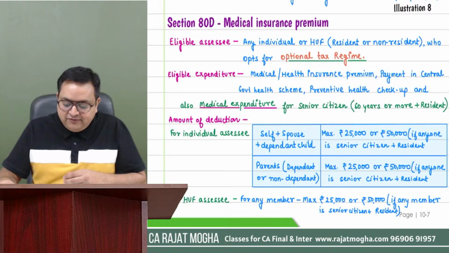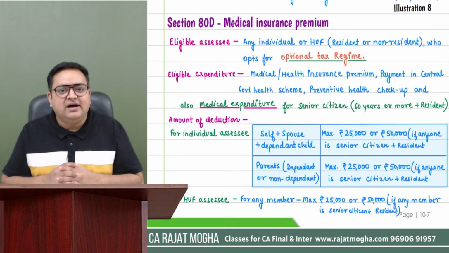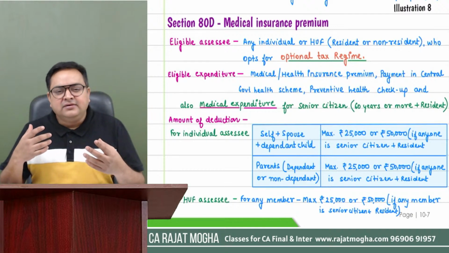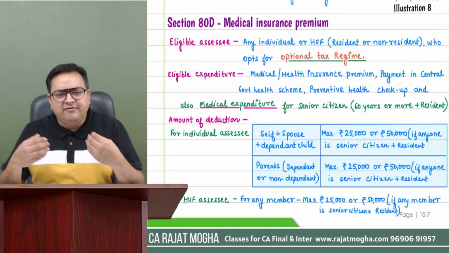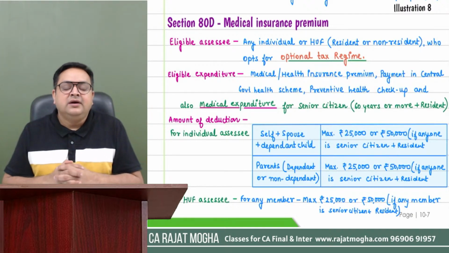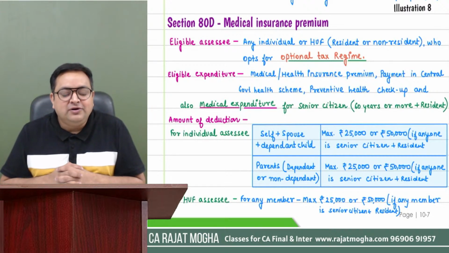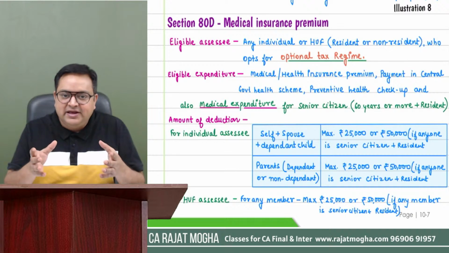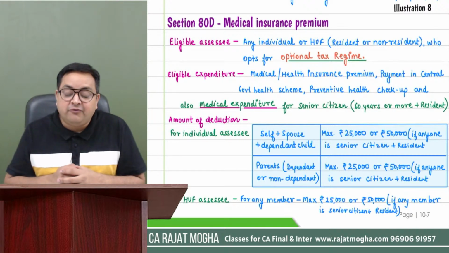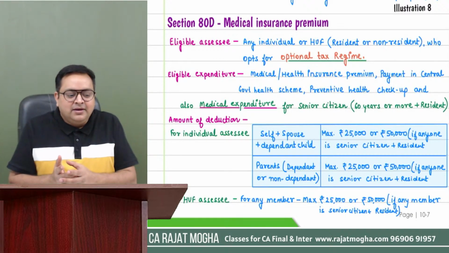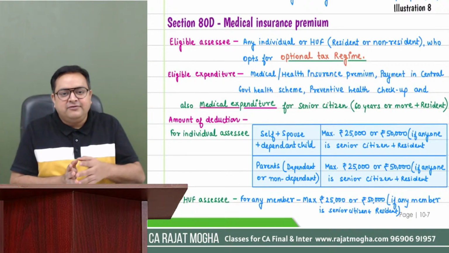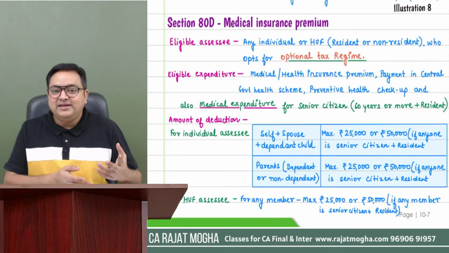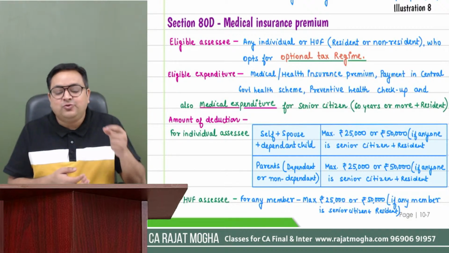And we understand if the assessee or their parents are, let's say, senior citizens. In fact, if they're super senior citizens, let's say 80 years of age, or even 70 plus, then insurance companies are quite reluctant in providing insurance for such people of old age. Why? Because if the person is of a very old age, the probability that that person will be sick is quite high.